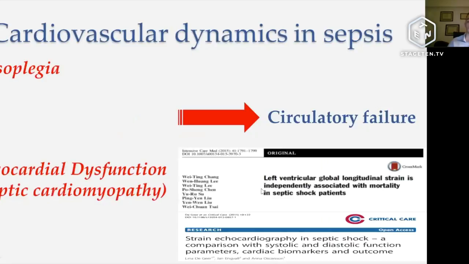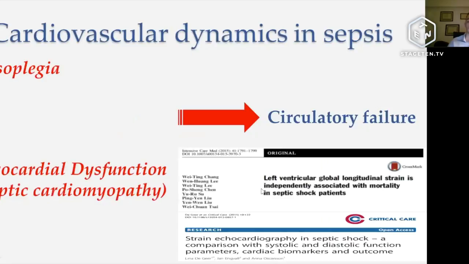What the group of Stephen Wang did is to look for ventricular dysfunction or dilatation, and to look whether there was an association with mortality in severe sepsis and septic shock. They included 11 studies with over 700 patients for LV function, while data on RV function were a bit lower, half of the studies, 400 patients roughly.